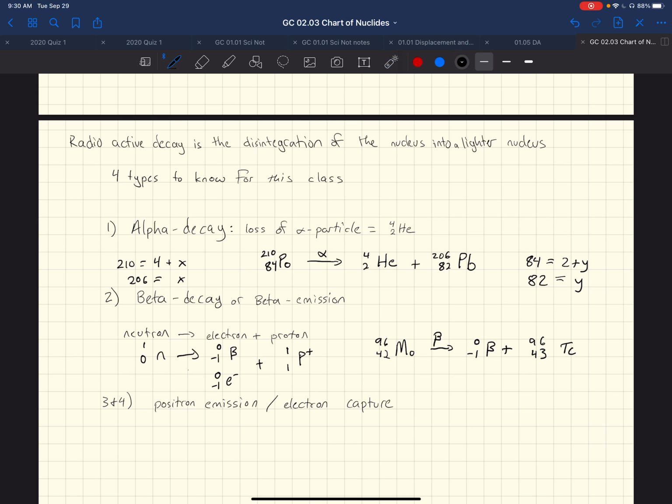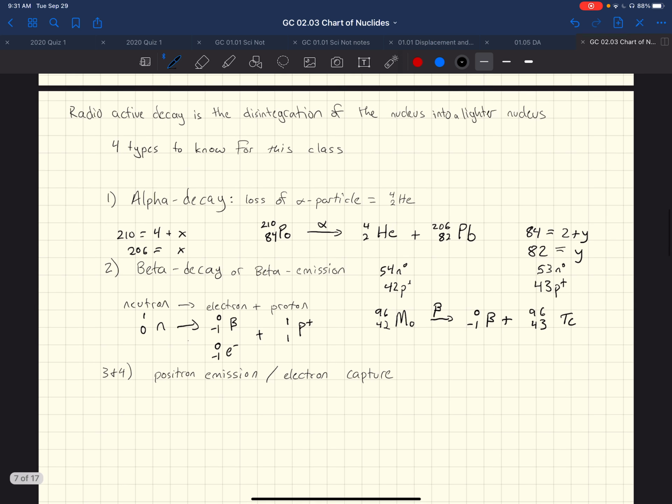Okay, so for example, this has 56, sorry, 54 neutrons and 42 protons. Okay, and then this technetium has 53 neutrons and 43 protons. So we have converted a neutron to a proton.